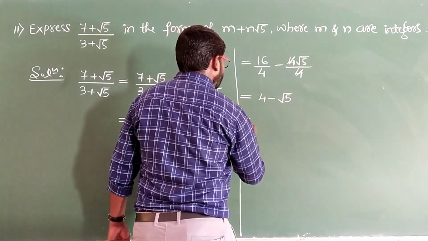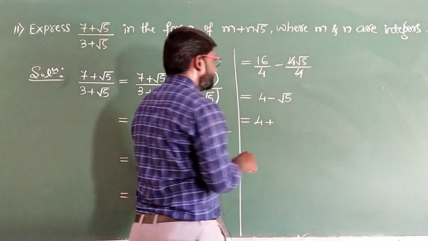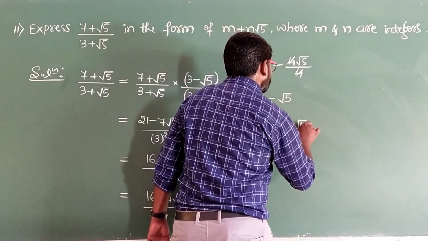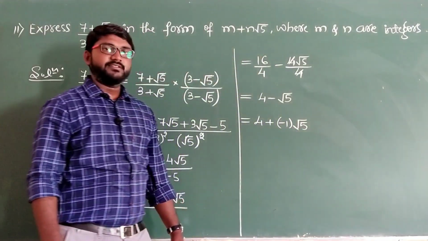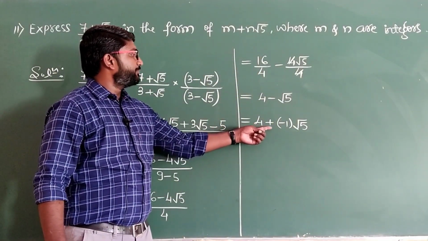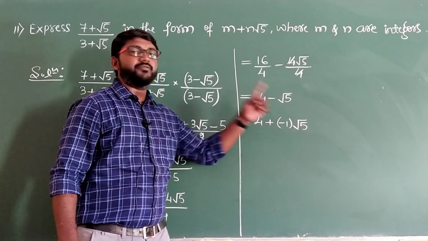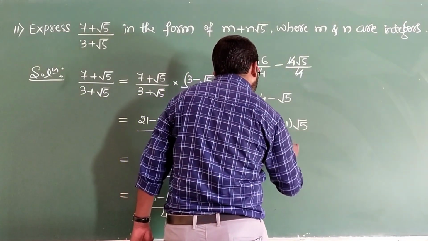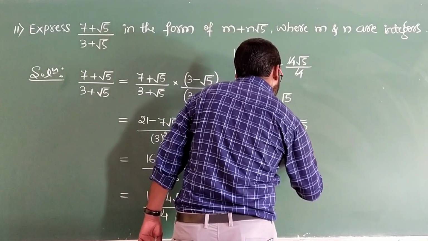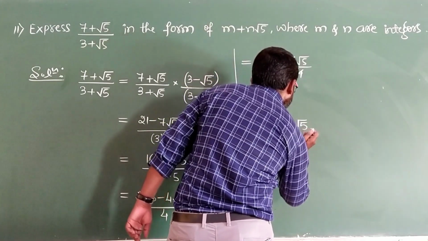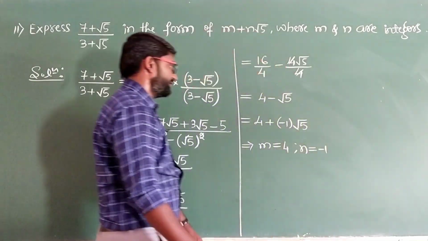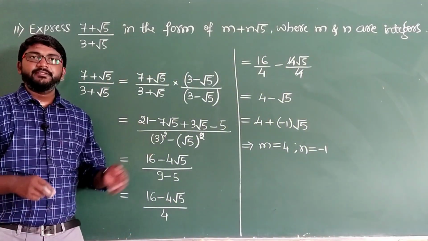So now 4 plus, here I can write minus 1 into root 5. So this is in the form of m plus n into root 5. This implies m is equal to 4 and n is equal to minus 1. So this is all about the 11th problem.